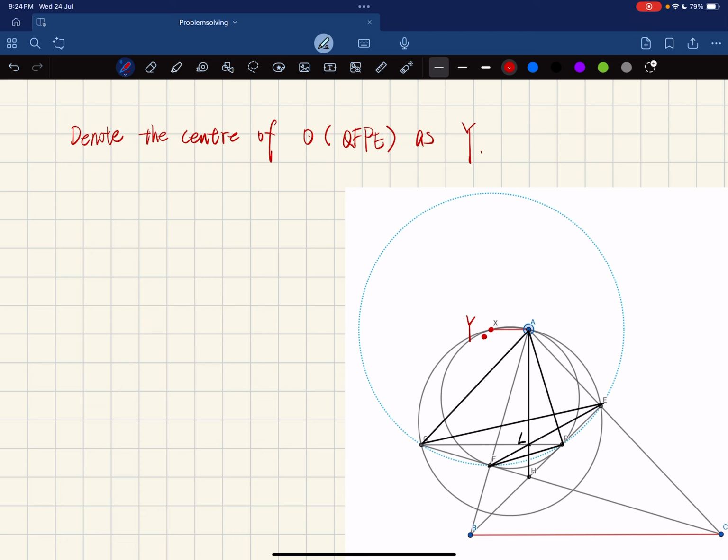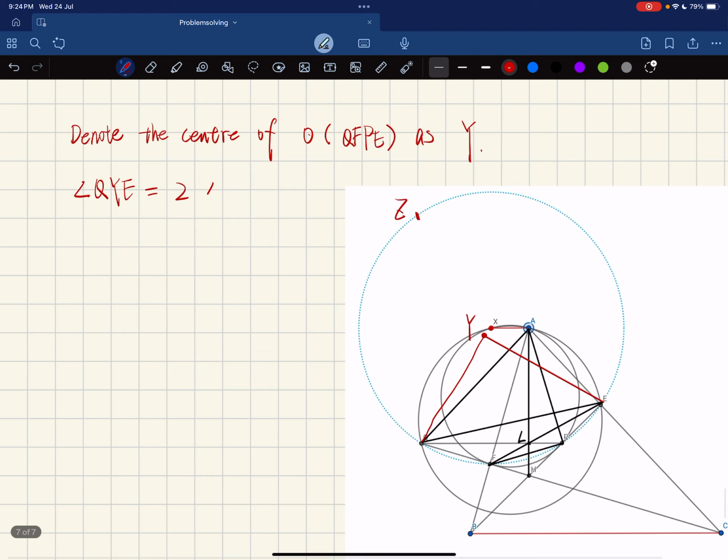So we can know that the angle QYE is here. If we find another point Z on the major arc QE, we can find that it equals 2 angle QZE.